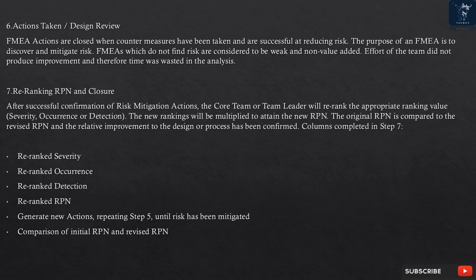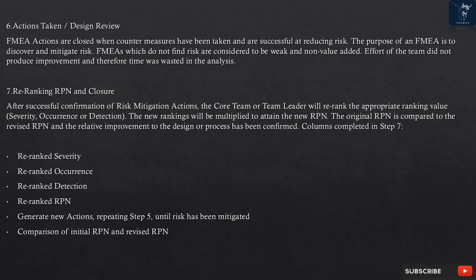Re-ranking RPN and closure. After successful confirmation of risk mitigation actions, the core team or team leader will re-rank the appropriate ranking value, severity, occurrence, or detection. The new rankings will be multiplied to attain the new RPN. The original RPN is compared to the revised RPN and the relative improvement to the design or process has been confirmed.